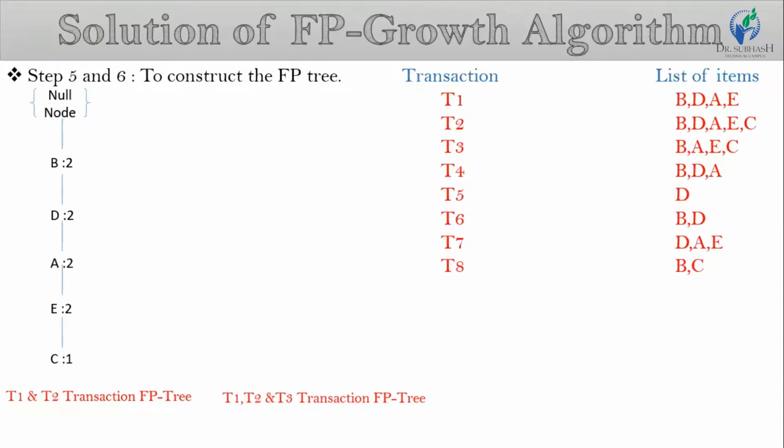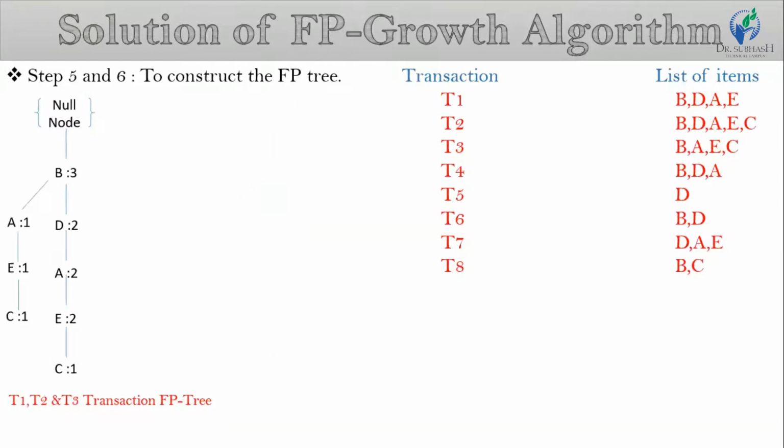You can come through B, but you can't connect B to the existing A, overtaking D. As a result, you should draw another A and connect it to B, and then connect a new E to that A and a new C to the new E, like in the figure.